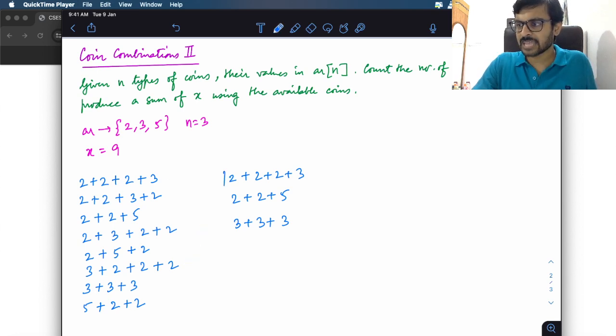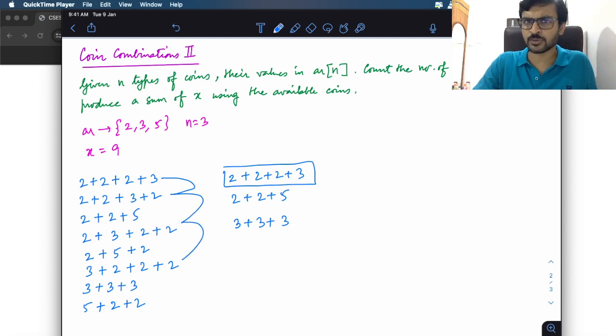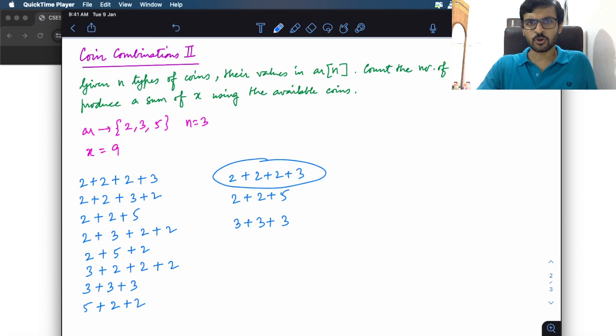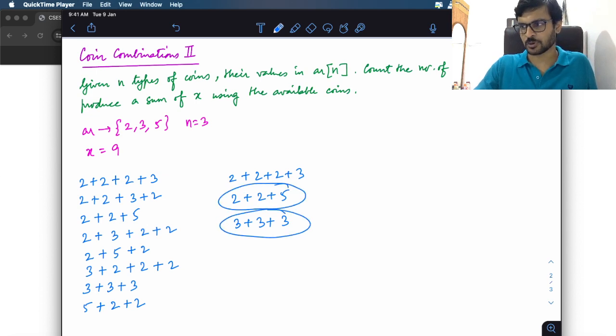They are basically the same thing. So the moment I say I will take 3 2-value coins and 1 3-value coin, I automatically cover these 4 cases logically. And that's what this question wants. It says count this as 1. Don't count its permutations, its different arrangements, as separate cases. No, this is one way. Then 225 is another way, then 333 is another way, and so on.